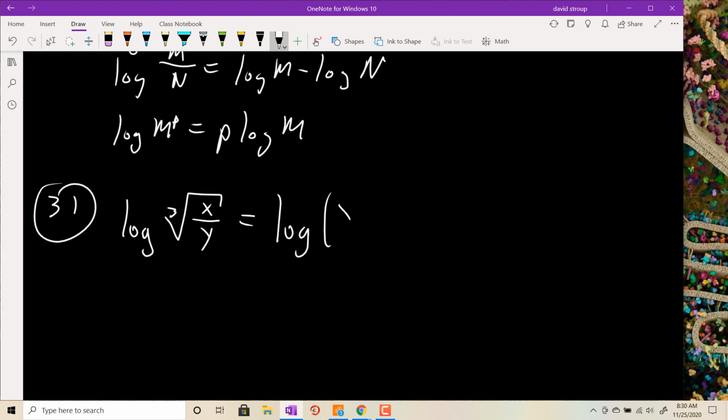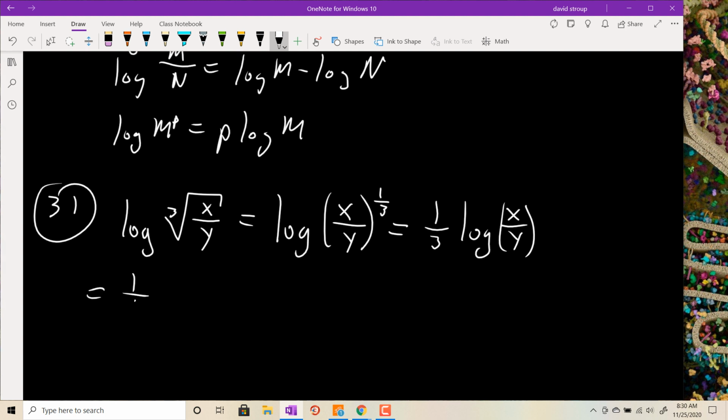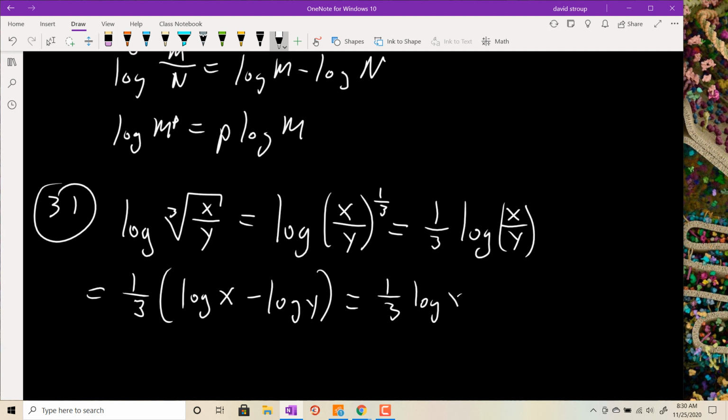First, you can rewrite it to a 1/3 power and then use the power rule. And then you could use the quotient rule on the log of x over y. So that'd be log of x minus log of y. And then distribute the 1/3. So get 1/3 log x minus 1/3 log y. And then that'd be it.